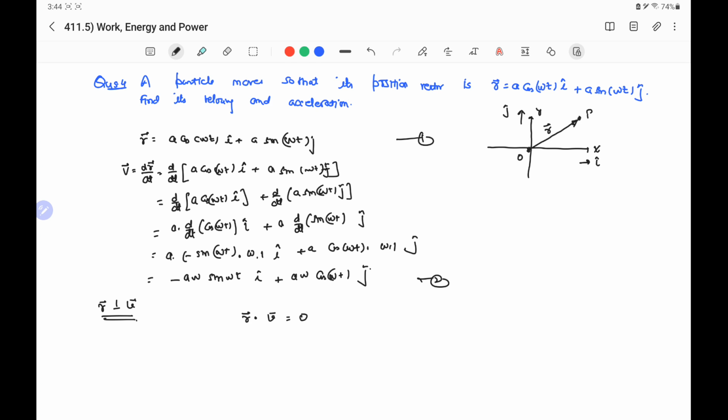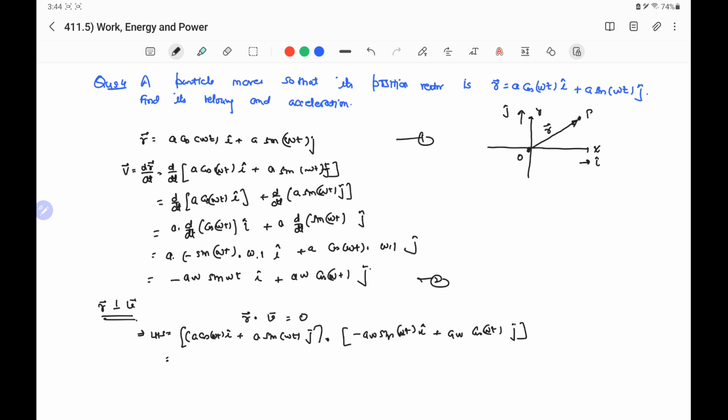So to show it, the left hand side is r, which is a cos omega t i plus a sin omega t j. This is the position vector r. Now taking the dot product with the velocity, it is minus a omega sin omega t i plus a omega cos omega t j.